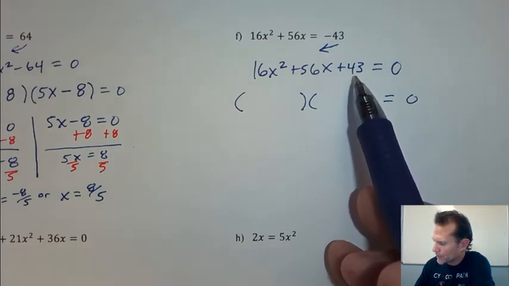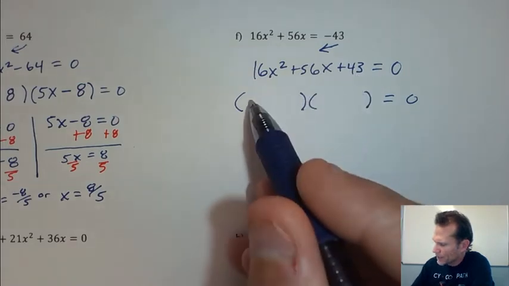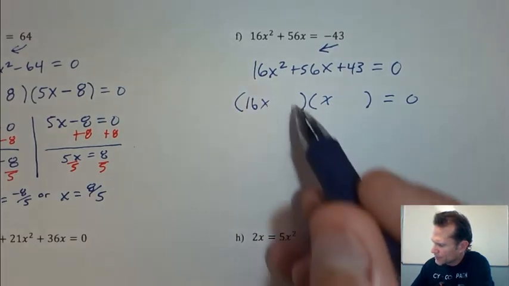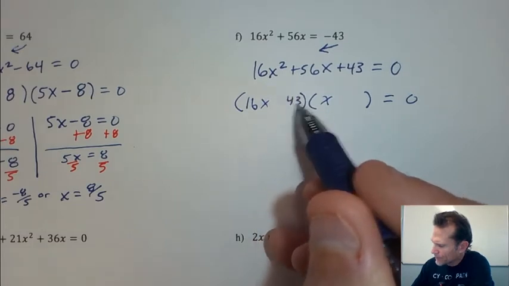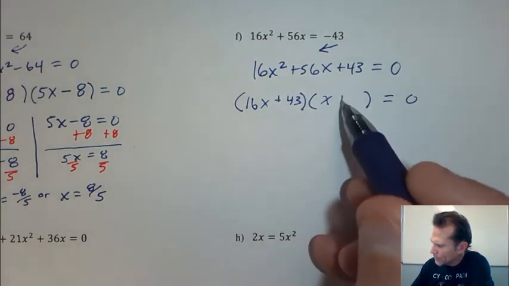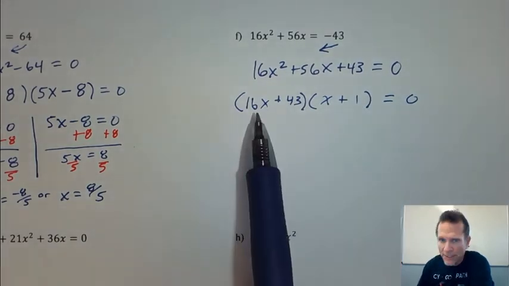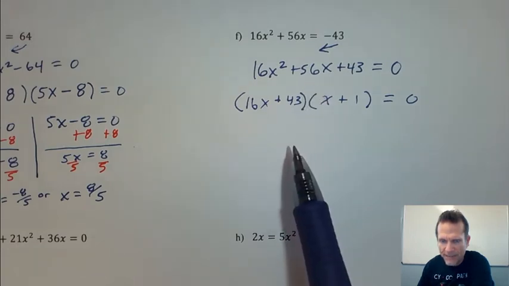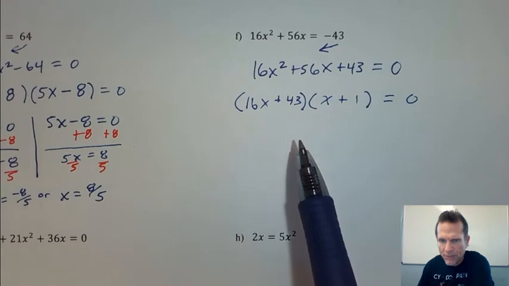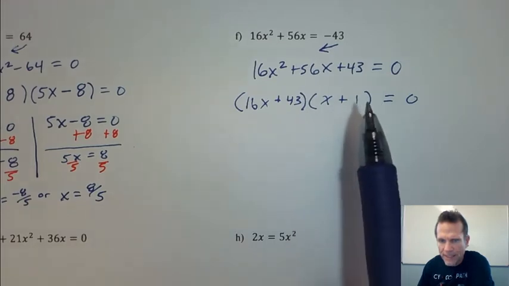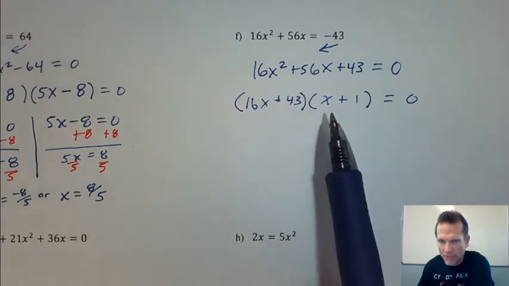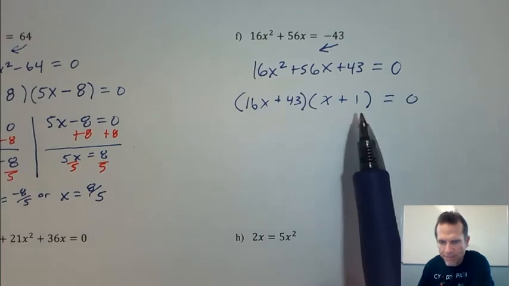So if I mess around with this a little bit, if I use 16 and 1, so 16x and x, and I put the 43 in the middle here and the 1 out here, I kind of get close. I get 16x and 43x make 59x, but it really doesn't work out. And I think if you mess around with this one for long enough and you exhaust all possibilities here, you can't factor this, okay?